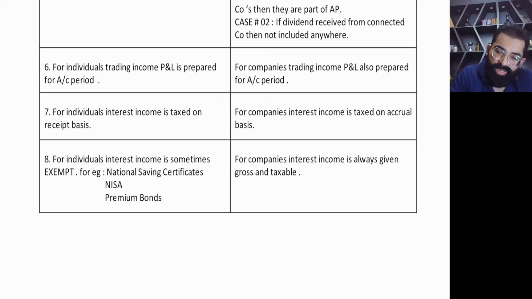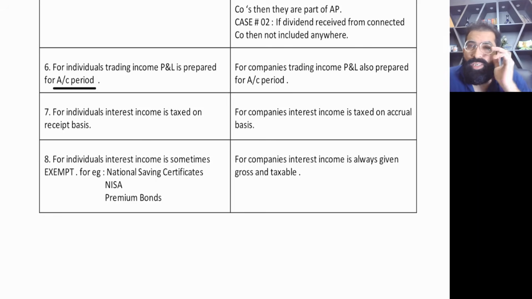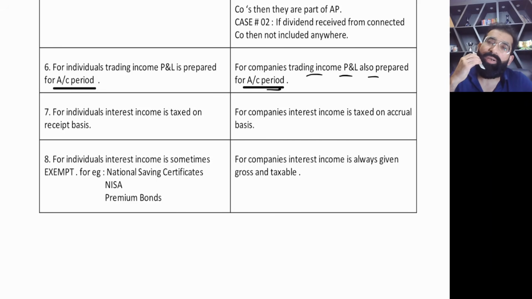For individuals, trading income P&L is prepared for the accounting period. For companies, trading income P&L is also prepared for the accounting period. This is the similarity. Don't forget, trading income P&L is always prepared for the accounting period, whether you are an individual or a company.